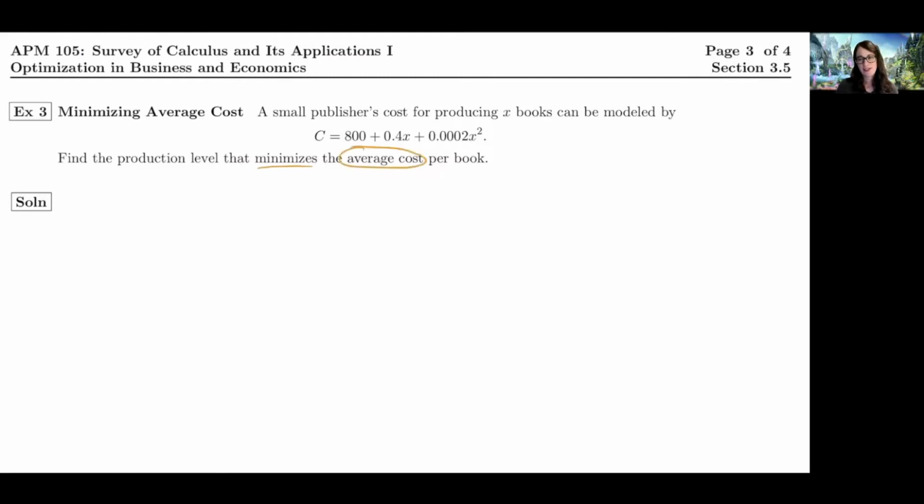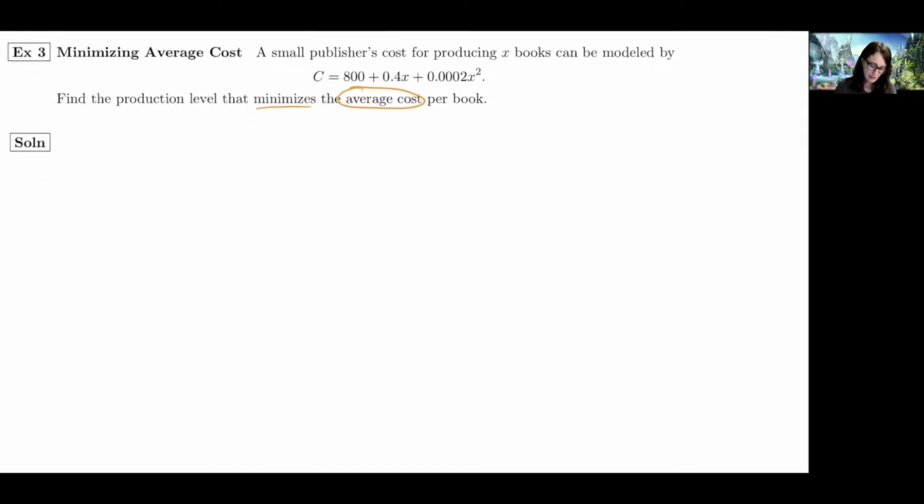So this can help us to see what it is that we're going to need to build a function or formula for. Cost and average cost are different. You can look back in your notes for a formula for average cost, and that's what we're calling C bar.